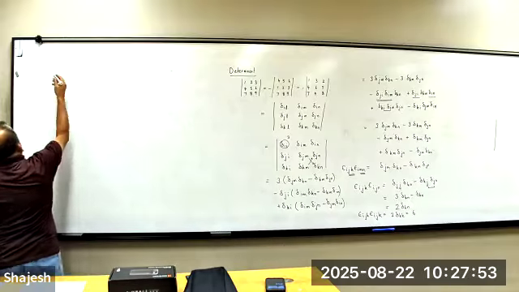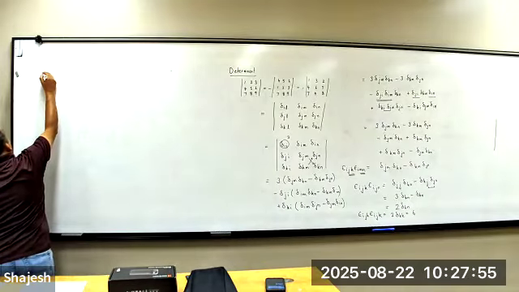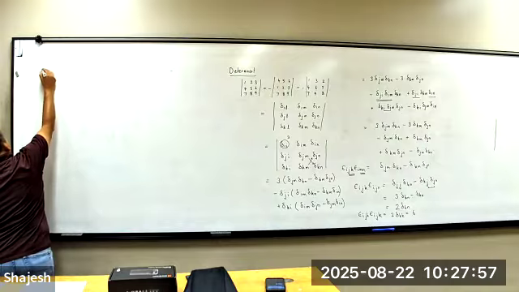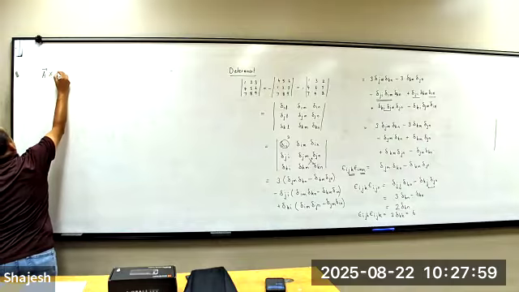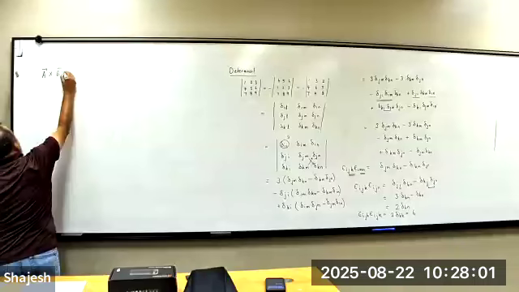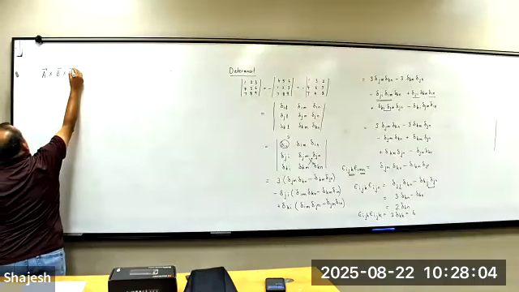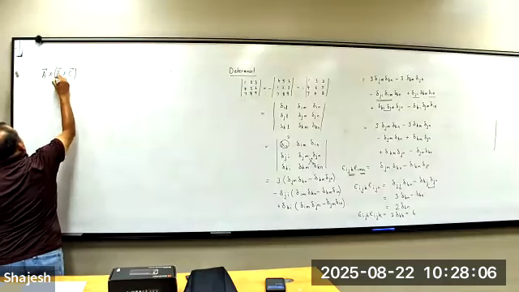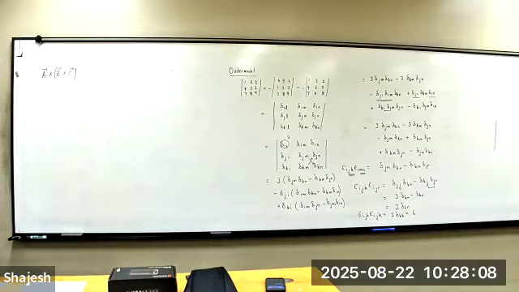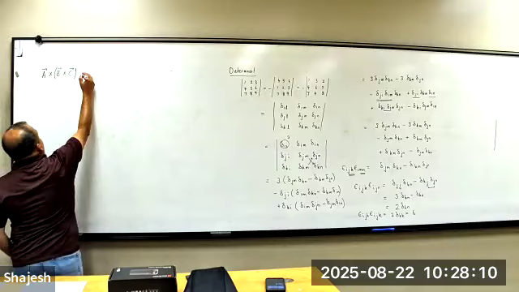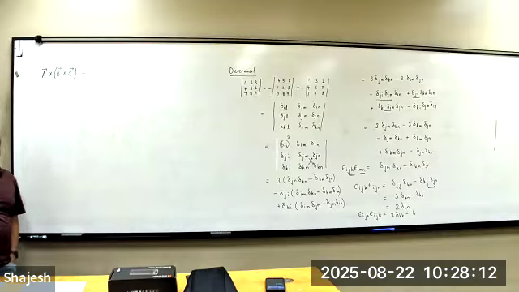Okay, so let's think of a vector product, A crossed with B crossed with C. What is that equal to? Anyone remember?